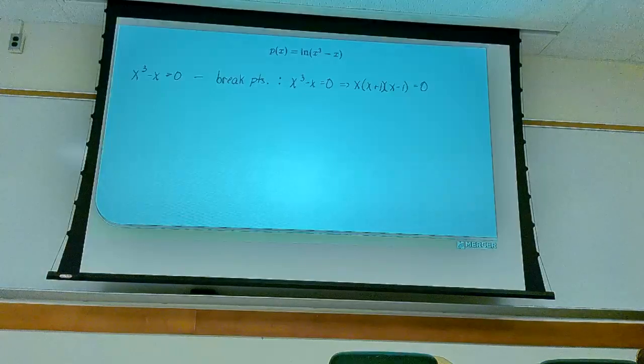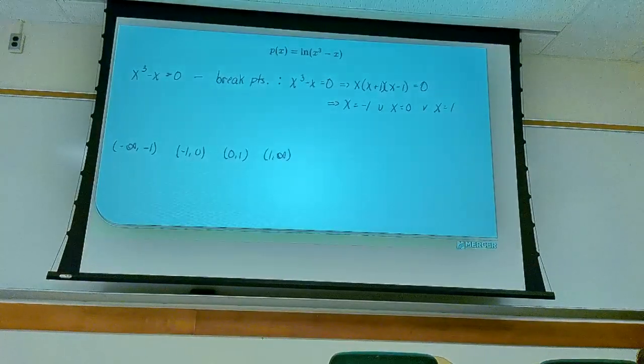You should easily see that that is its factored form: x times x plus 1 times x minus 1. Which should easily give you the zeros: -1, 0, positive 1. None of them include 0.